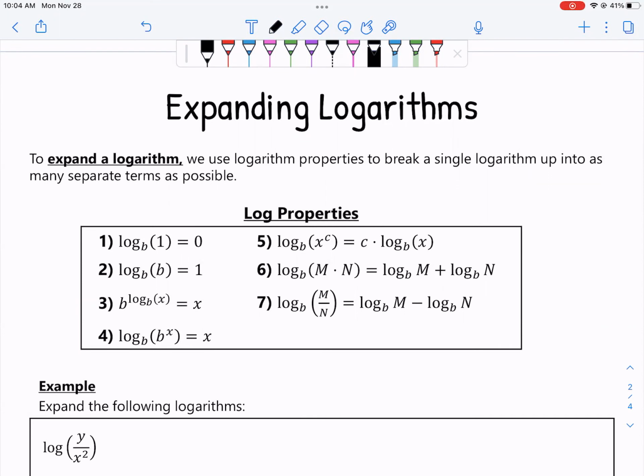So expanding a logarithm, what does that mean? When we expand a logarithm, we use logarithm properties to break a single logarithm up into as many terms as possible. So we want to expand it as much as possible. And really, we're using these properties over here. These are what help us break it up into as many pieces as we can.